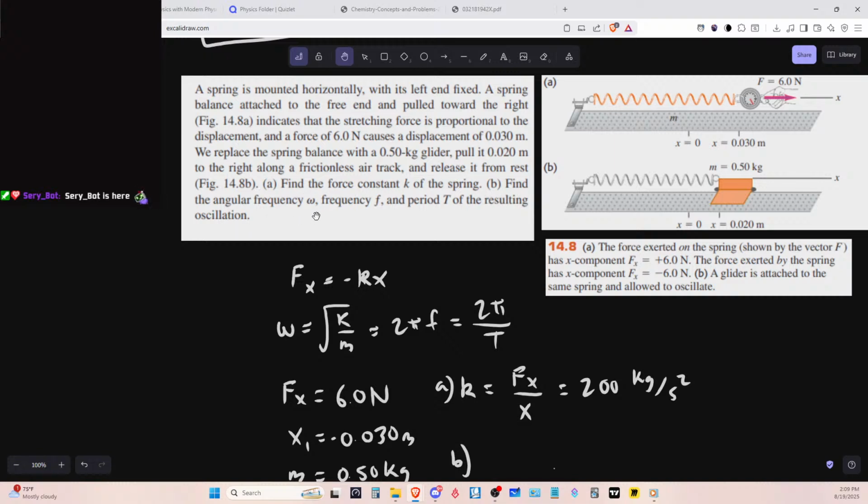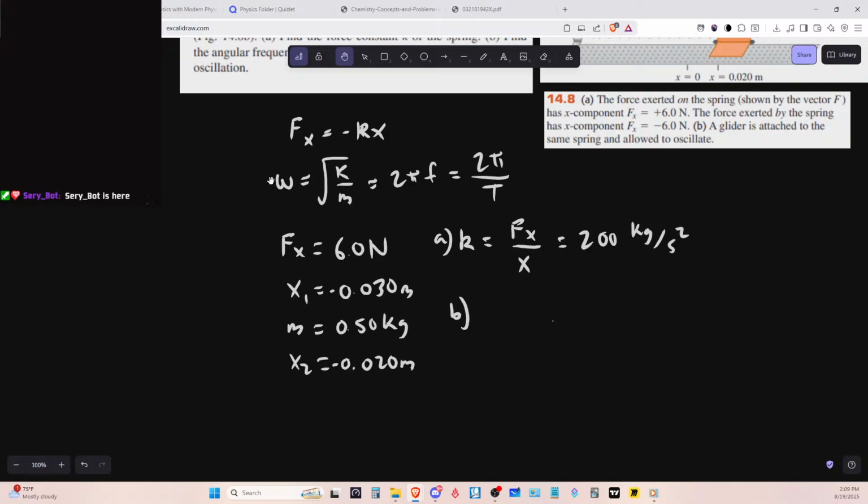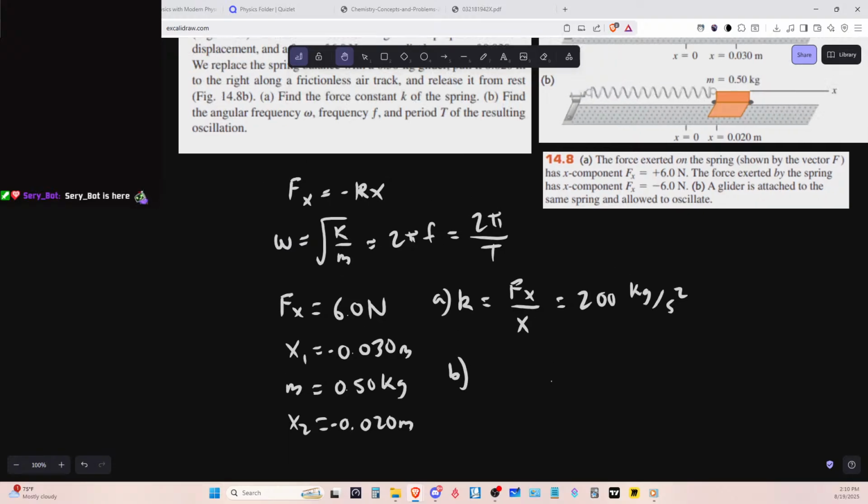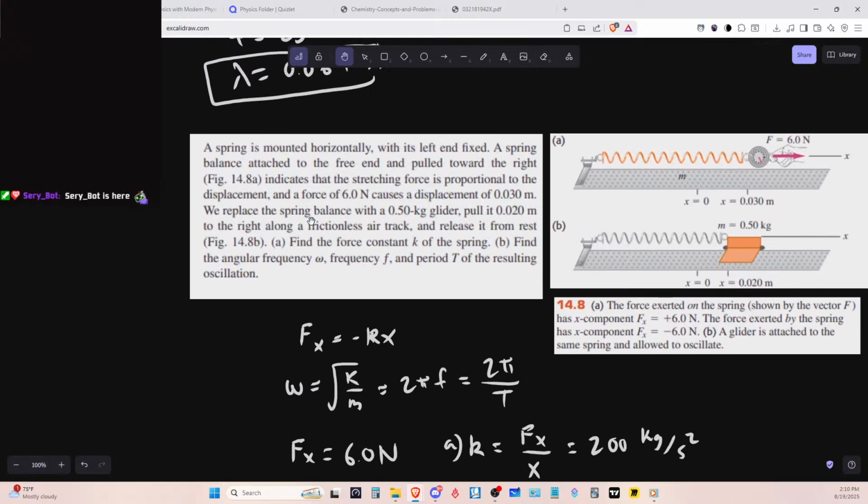Find the angular velocity. Now, is the force the same? Release it, so pull back, pull along the frictionless track.